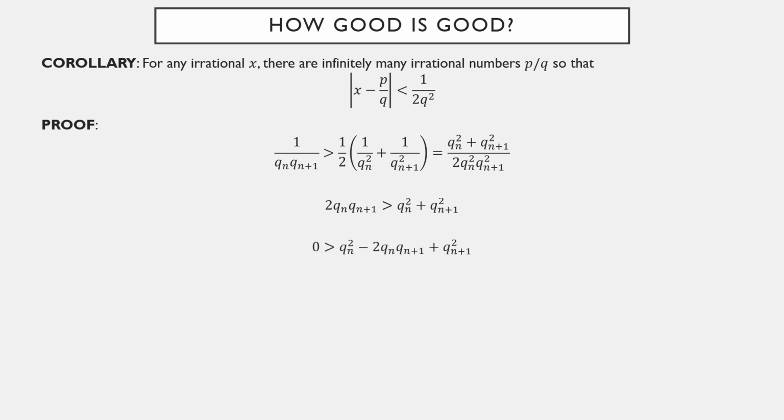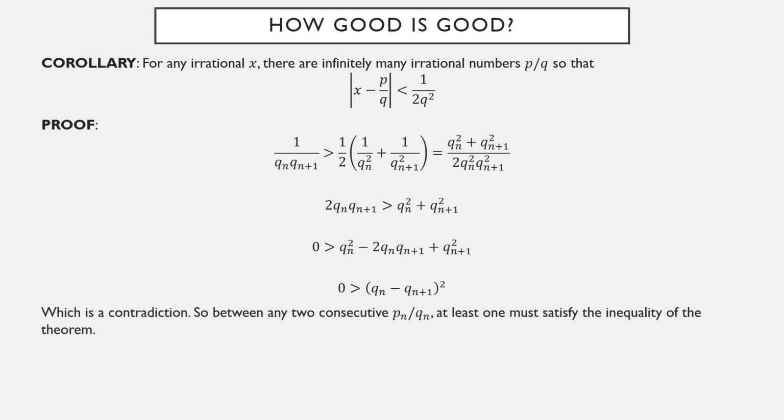If I subtract the 2 Qn plus 1 over to the other side, this actually factors quite nicely, and we end up seeing that 0 is larger than the square of something, in fact, the square of an integer. That certainly cannot happen. So between any two consecutive Pn over Qn, at least one of them satisfies the inequality of the theorem, and therefore for any irrational x, it is satisfied infinitely many times.